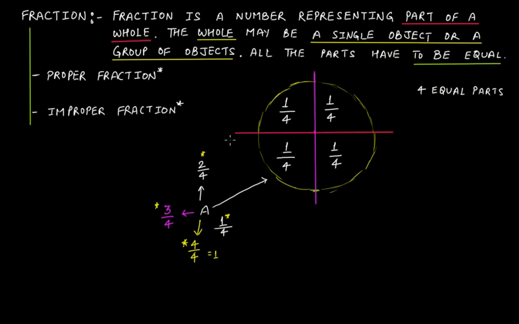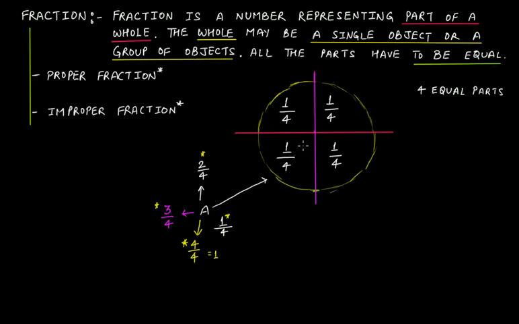Now if this person A gets only this much, that person will have 1 by 4. That person is having only one portion of this division. That's a fraction. If that person takes this part and this part also, now that person is having 2 equal parts out of how many parts? 4.